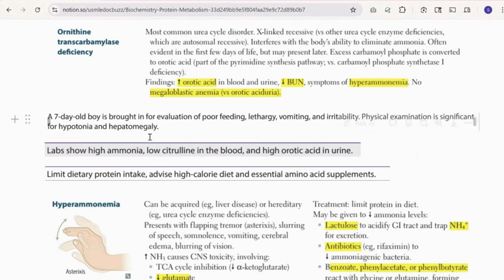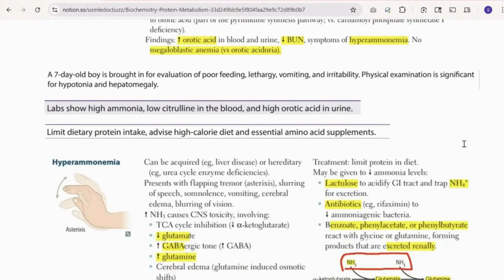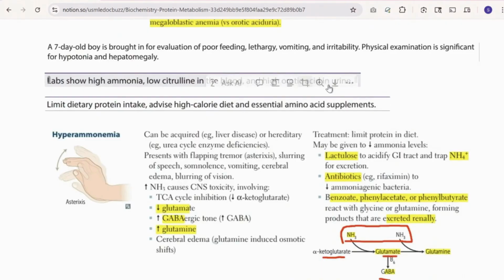If they ever said just low citrulline and maybe orotic acid, you might have to think about it. But this is easy. Okay, what are you going to do for them? Limit the protein intake, advise a high calorie diet, and amino acid supplements, right? Because they might not be using and making the right amino acids. So control their intake and add these supplements.